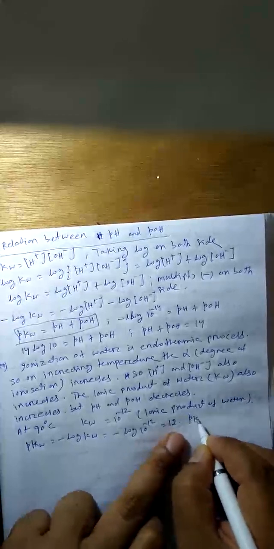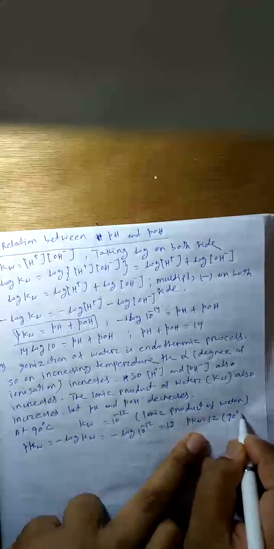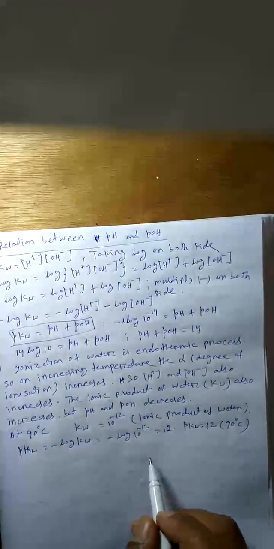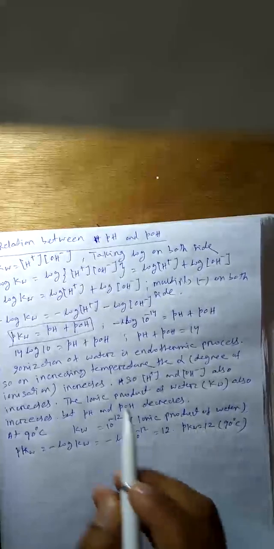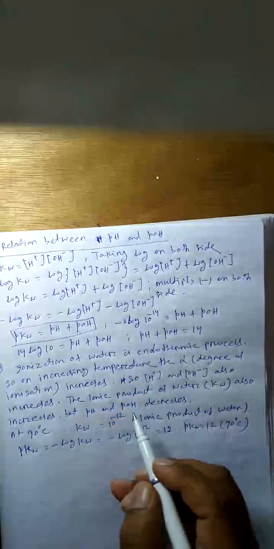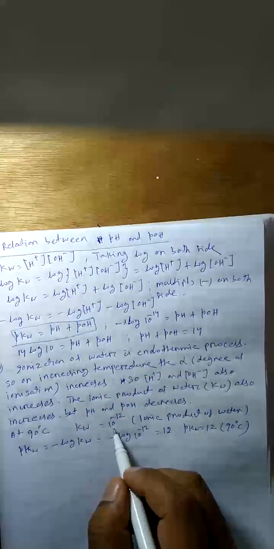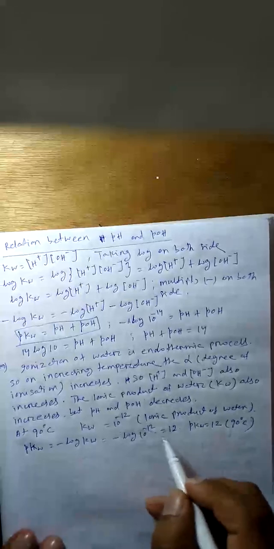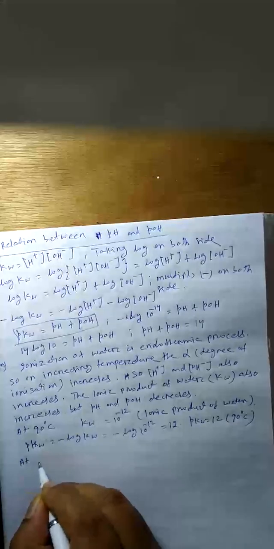That means pKw is equal to 12 at 90 degree centigrade, but pKw is equal to 14 at 25 degree centigrade, because the ionic product of water at 25 degree centigrade is 10 to the power minus 14. The ionic product of water at 90 degree centigrade is 10 to the power minus 12, it increases, but the pKw value decreases.